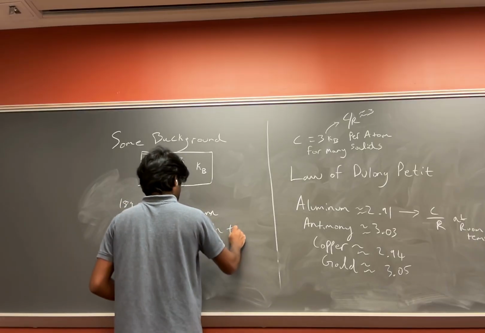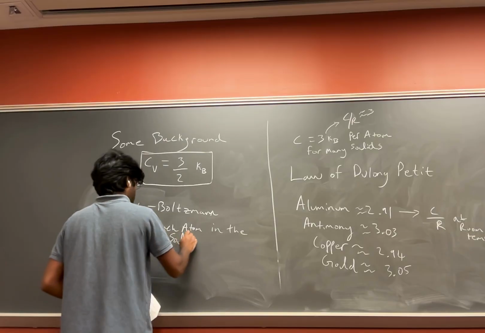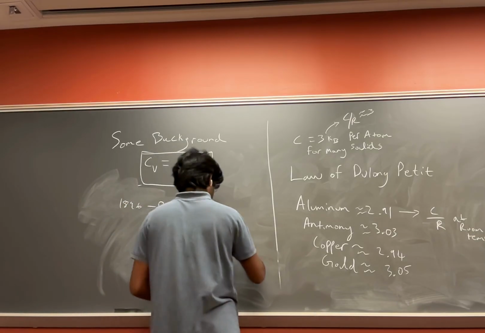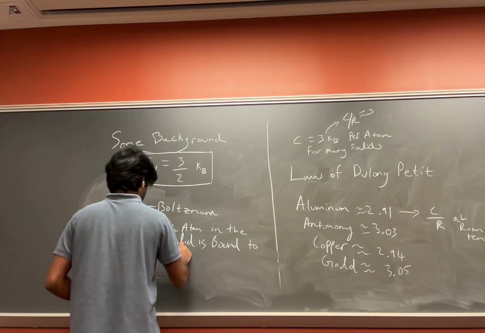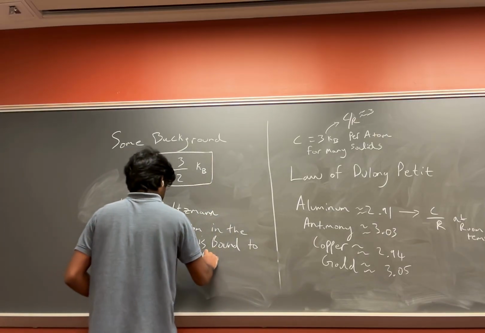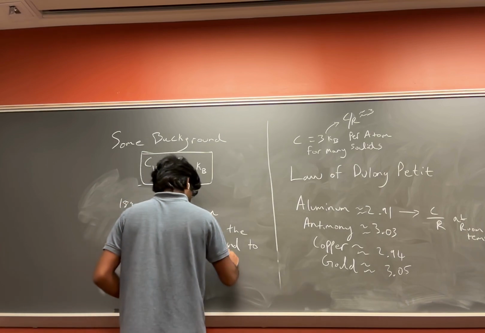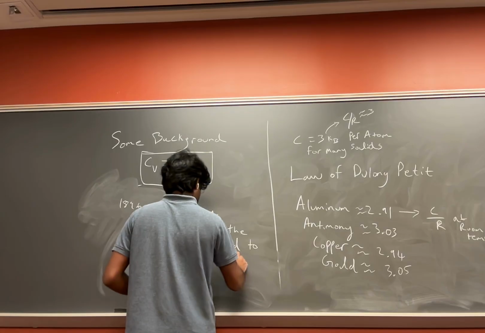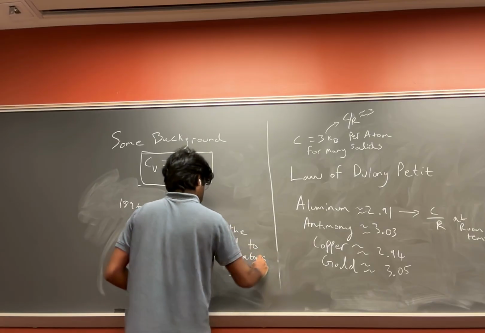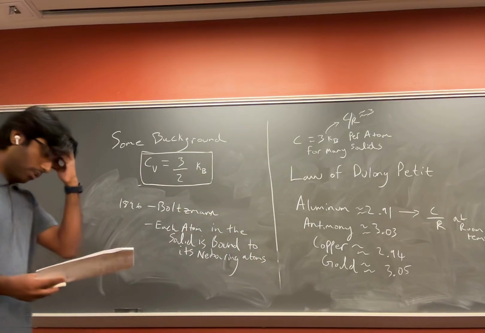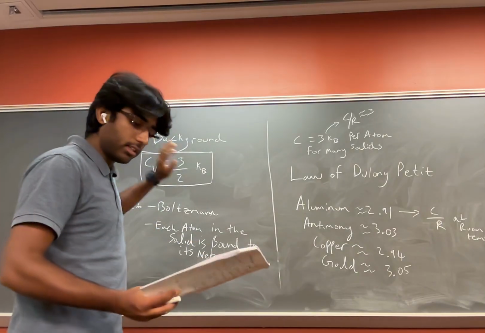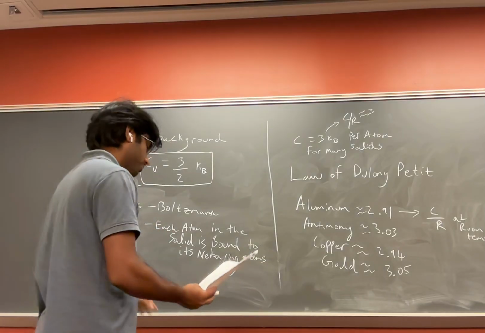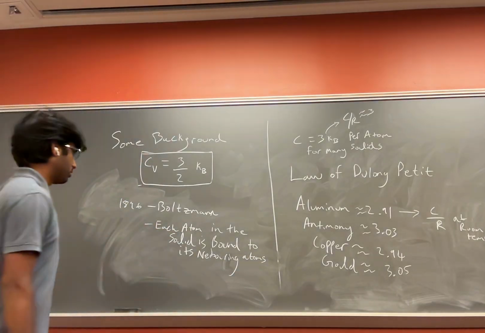in the solid is bound to its neighboring atom. Also, focusing on a single atom, we assume that it's in a harmonic well formed by the interaction with its neighbors.